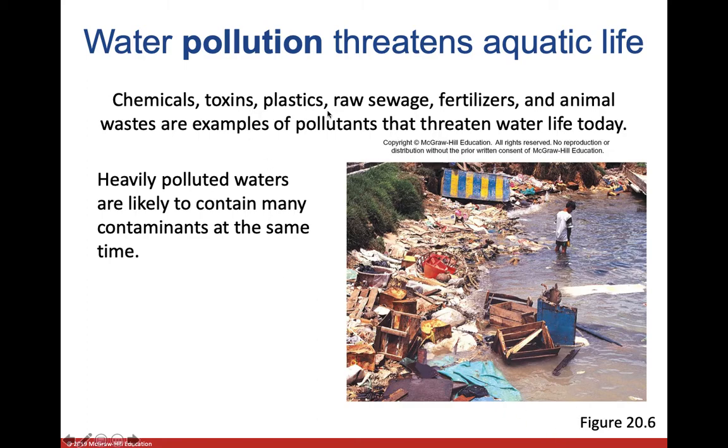So chemicals, toxins, plastic, things like that are all threats to water systems around the planet. All of these things, if you dump plastics and oil and wood and all this stuff that's got paint and all this junk in the water, that paint's going to contain chemicals that are eventually going to start leaching into the water.